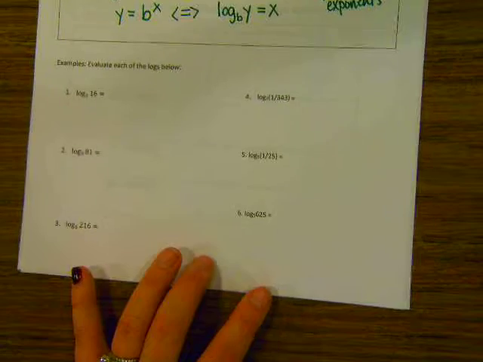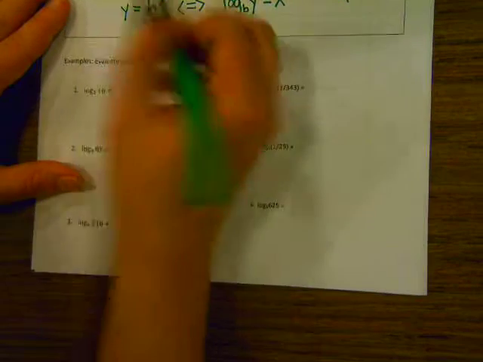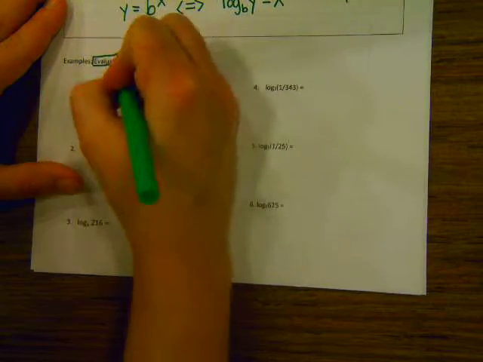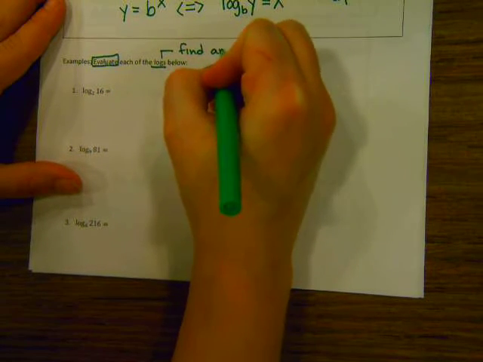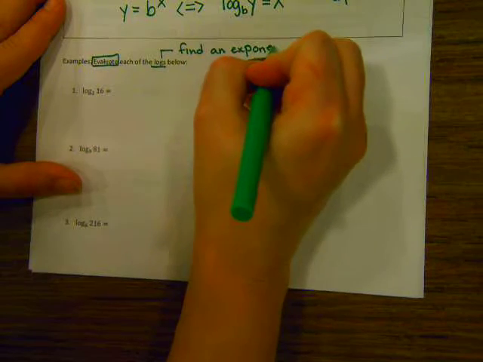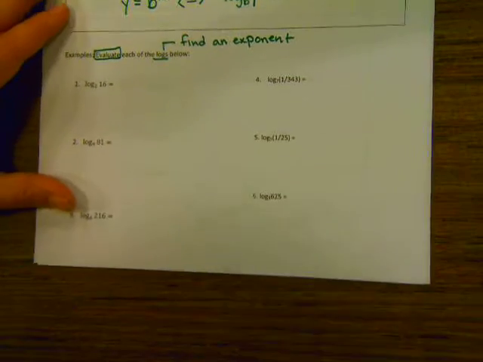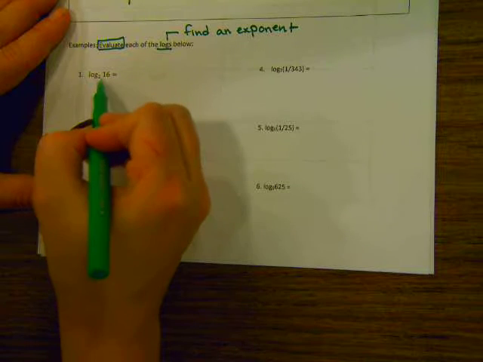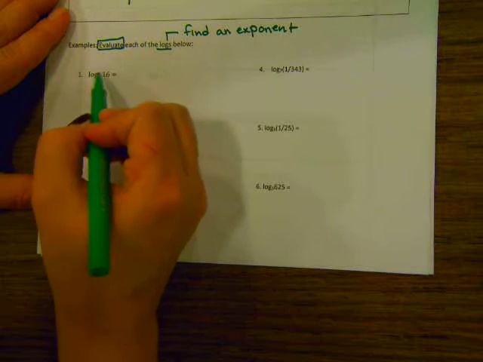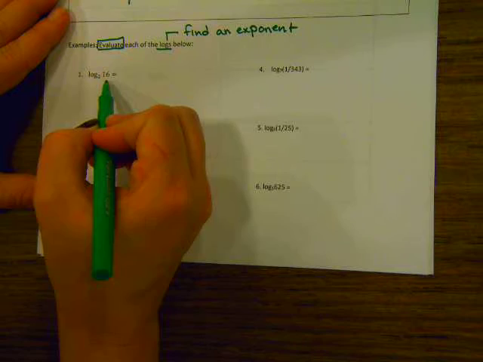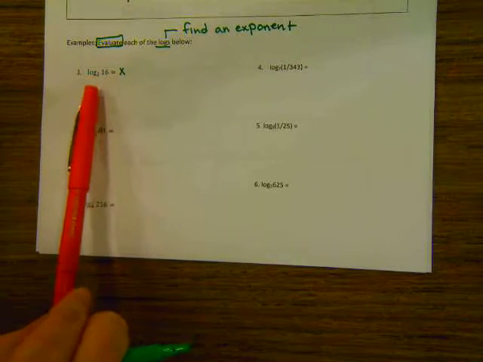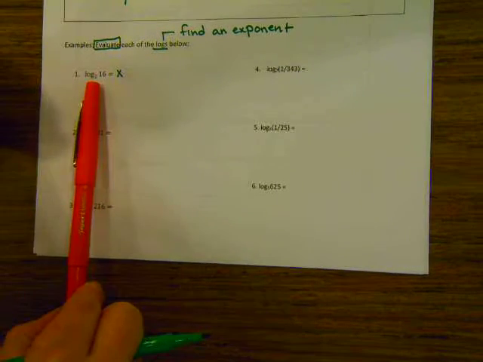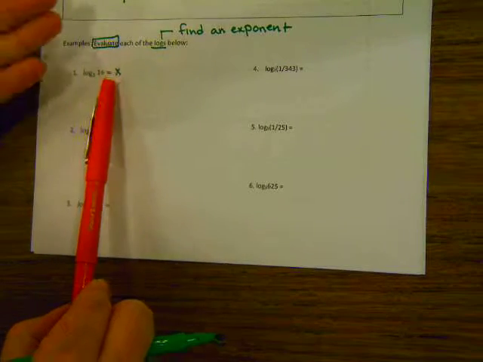So, if we take a look here at the bottom, evaluate. When it says evaluate, guys, your ultimate goal, if you're evaluating a log, is to find an exponent. It's basically what you're doing. You're trying to find an exponent, guys. So, okay, when you read this out loud, the easiest way is to convert it to exponential, so you can try to figure it out. So let's say we put an x here. When we're trying to figure out what this is, log base 2 of 16 equals something.